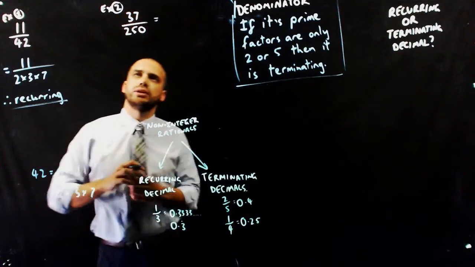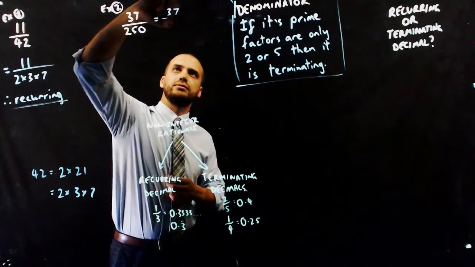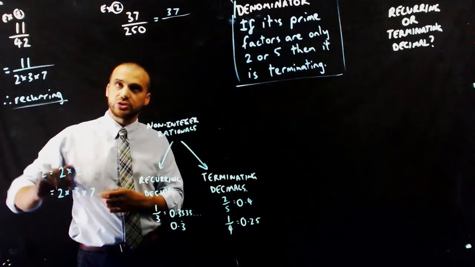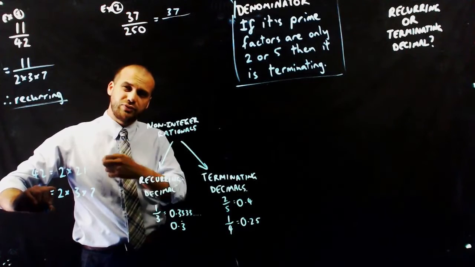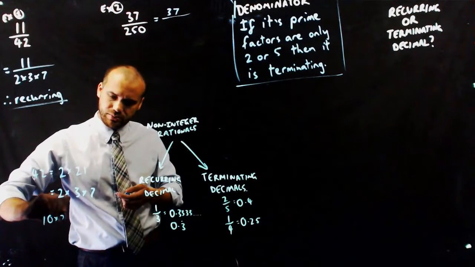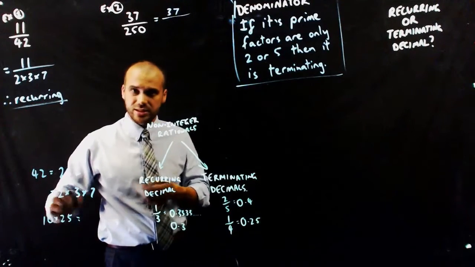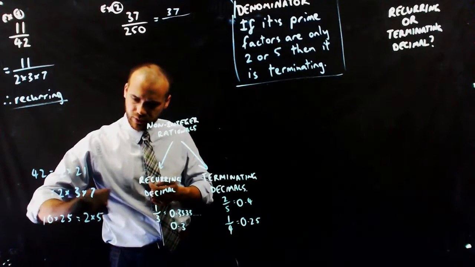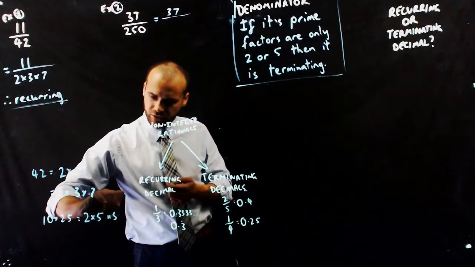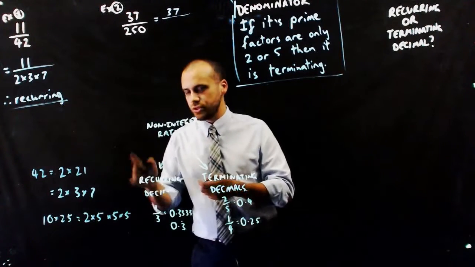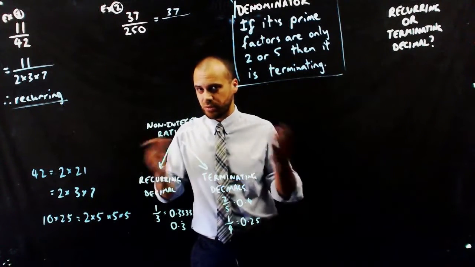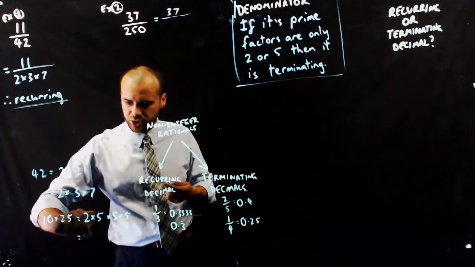This one, okay, 37 over 250, let's just do a little bit of scratch work here. 250 is the same as 10 times 25, and 10 is the same as 2 times 5. 25 is the same as 5 times 5. So 2 times 5 times 5 times 5, but I'm a math specialist student, so I'm not going to write that.